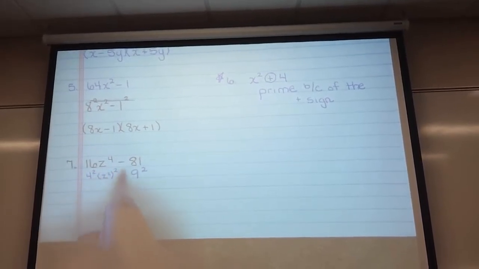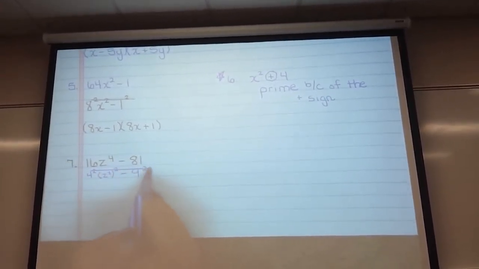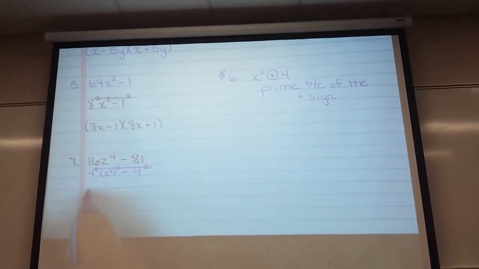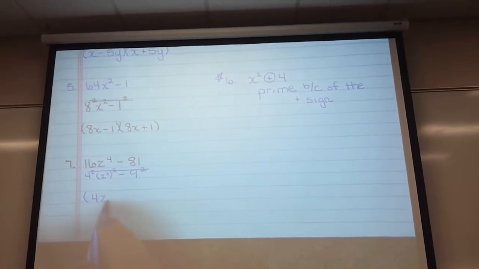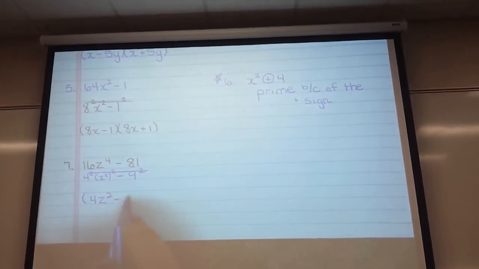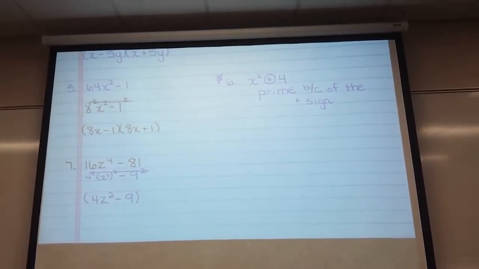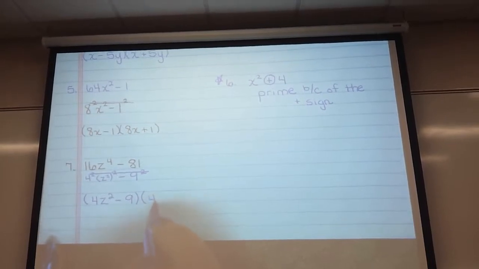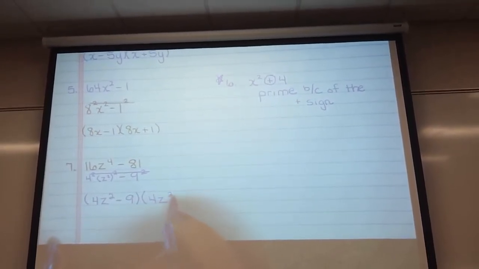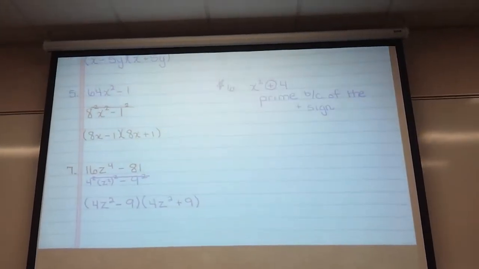You're just annihilating the outside 2's. So this 2 and this 2, they're gone. And what do you see left there? 4z squared minus 9. And again, its conjugate: 4z squared plus 9. So that's doing the process one time.